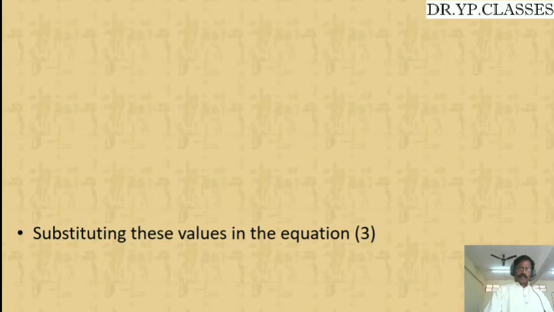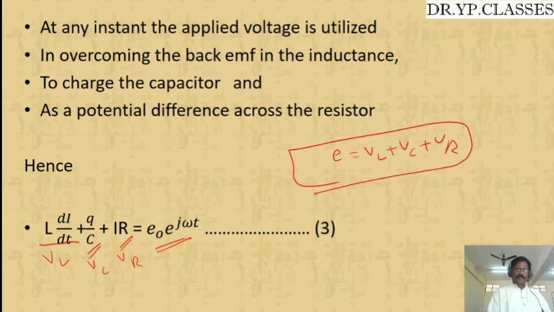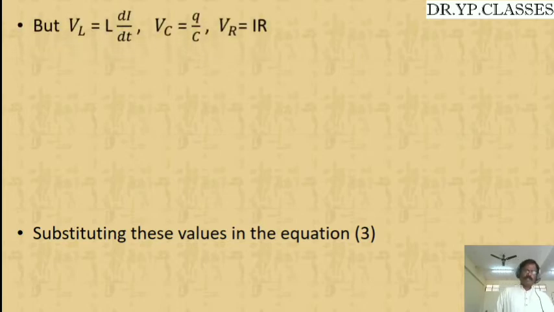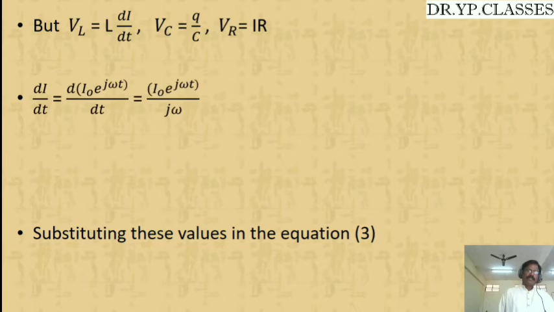Now let us calculate di/dt and q, then substitute these values in the equation and solve for the current in the circuit. Now VL = L di/dt, VC = q/C and VR = IR. So let us calculate di/dt.